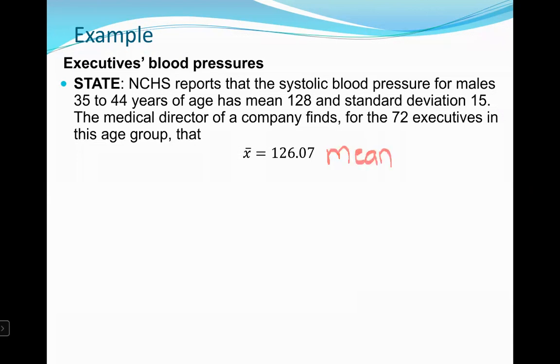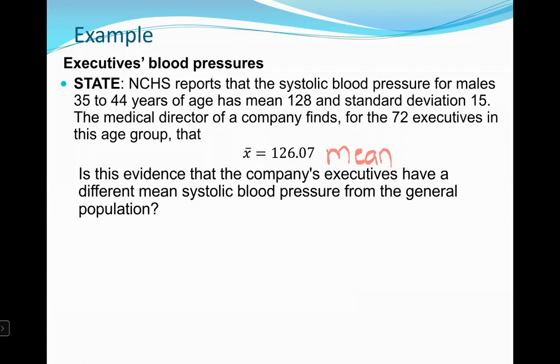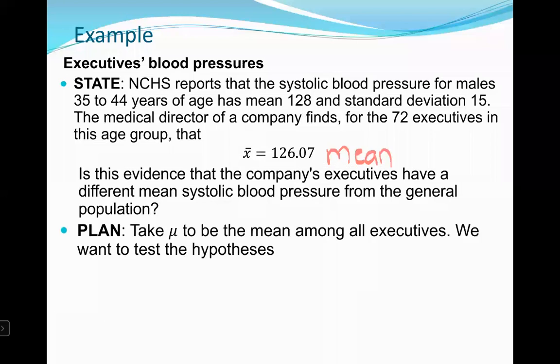That's the average systolic blood pressure for these 72 males. Is it evidence that the company's executives have different mean systolic blood pressure from the general population? So is there evidence?